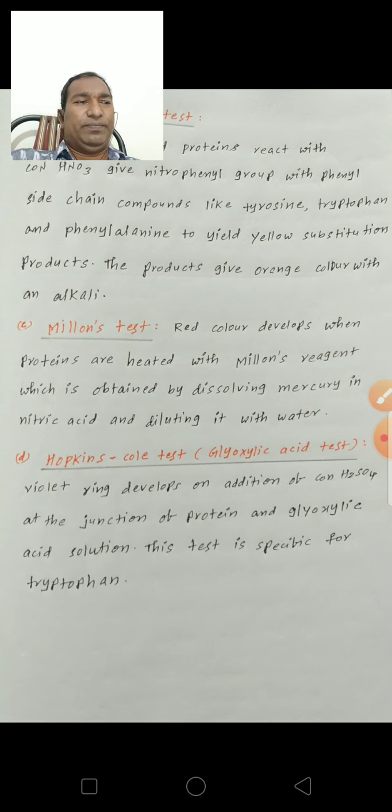In the xanthoproteic test, when peptides and proteins react with concentrated HNO3, they give nitrophenyl groups with phenyl side chain compounds like tyrosine, tryptophan and phenylalanine to yield yellow substitution products.